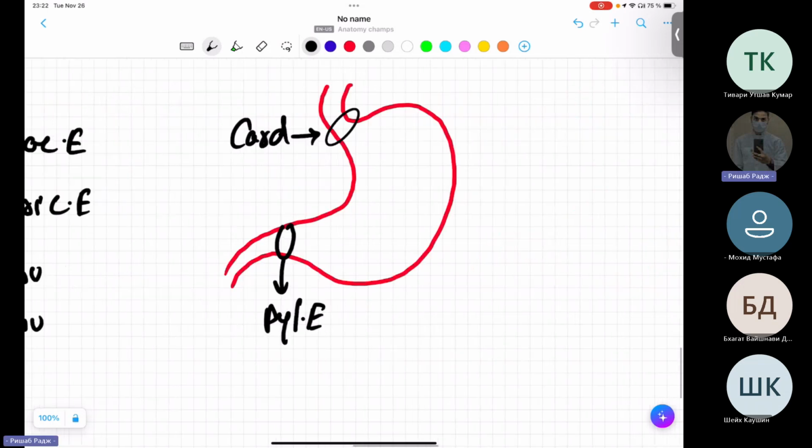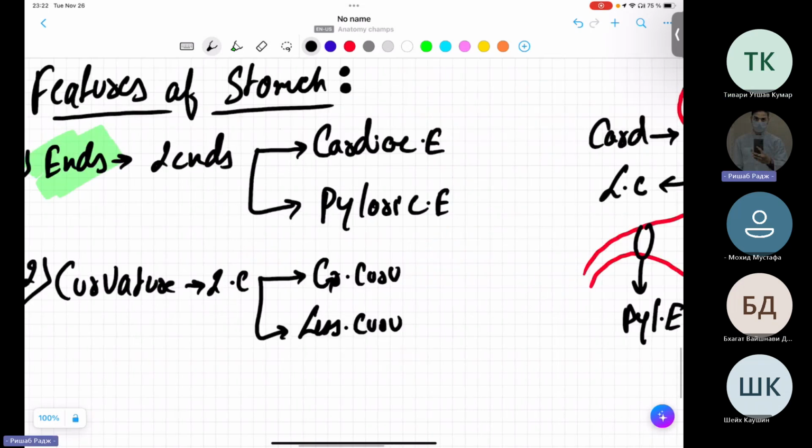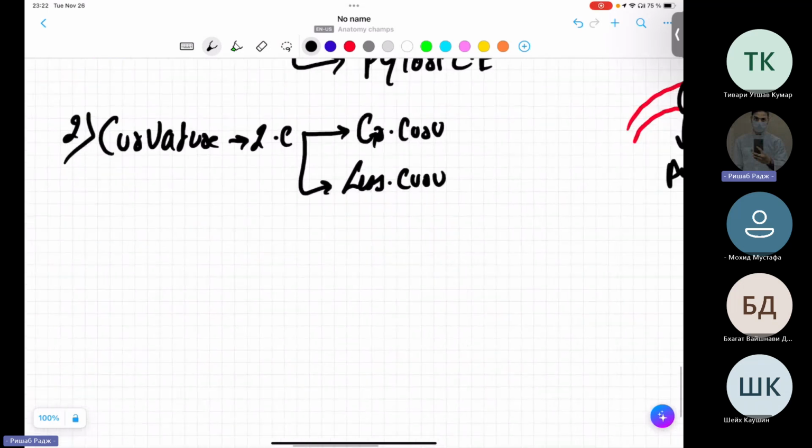The curvature that you see here is your lesser curvature, and the curvature that you see here, these are your greater curvature. I will talk about how lesser omentum and everything is attached here. In fact, you will see how everything is interposed with everything. I will merge every concept.